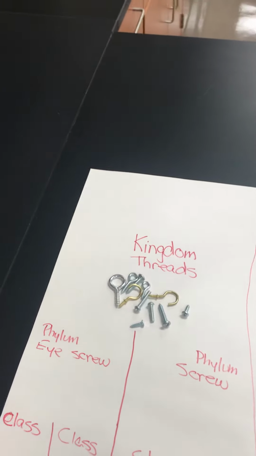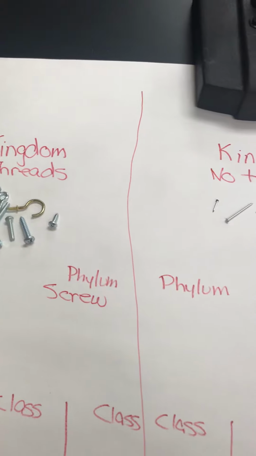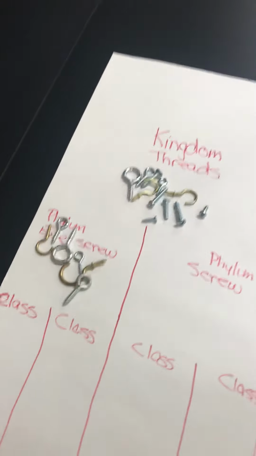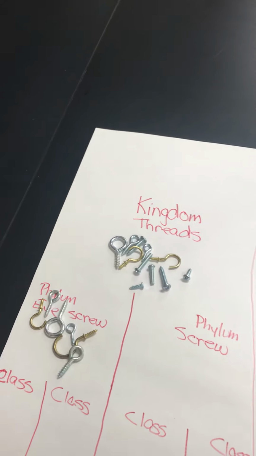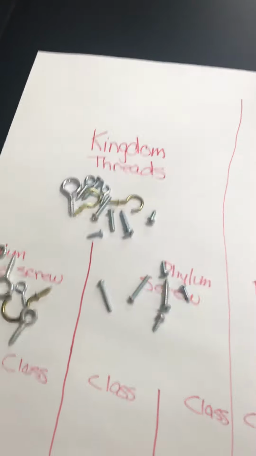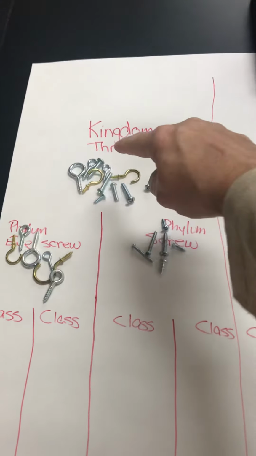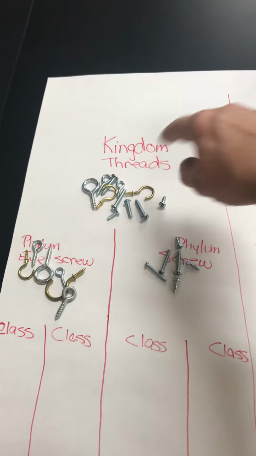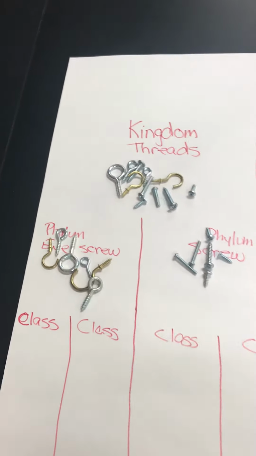I'm going to take my I screws and put them in phylum I screw. And I'm going to take my regular screws, grabbing some here, and put them in my phylum regular screw. So I've taken my kingdom threads, which I took out of all my hardware, and I've split them into phylums.